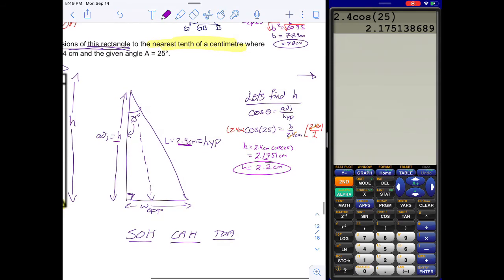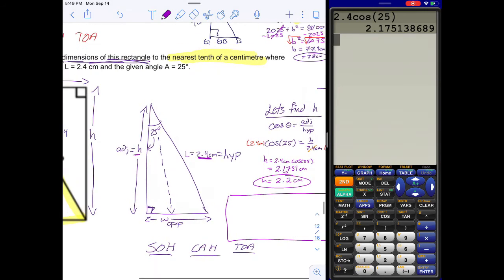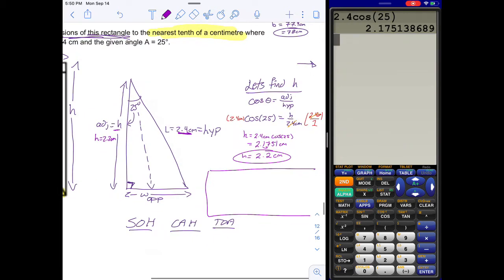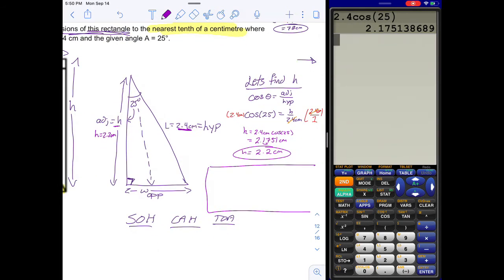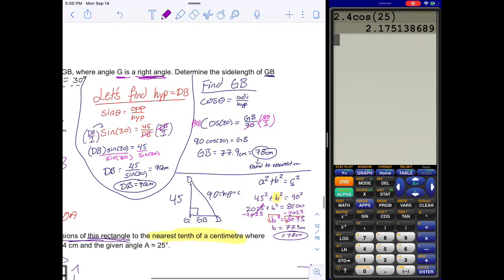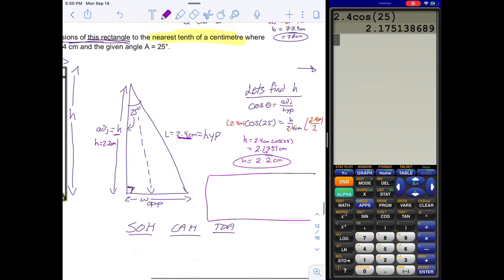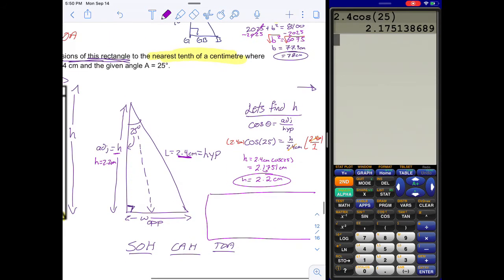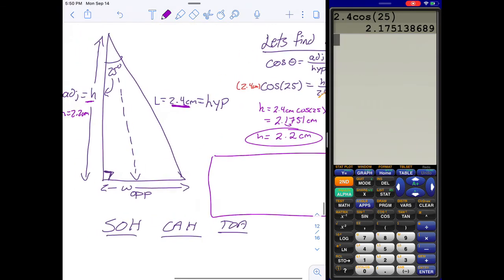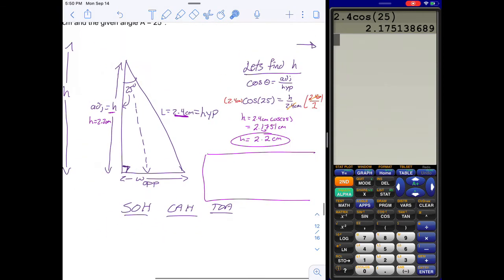Now, how do we find w? We could put here h equals 2.2 centimeters. Just like the above question, we could either use one of our ratios or we could use Pythagoras, because now we have 2 side lengths of a given right triangle.